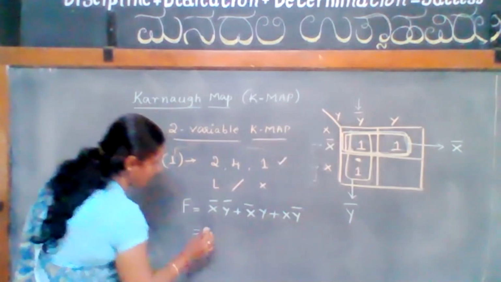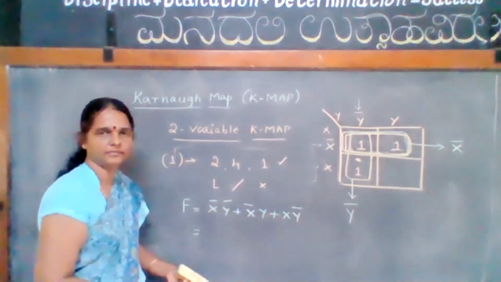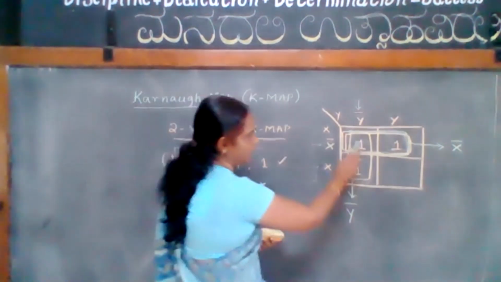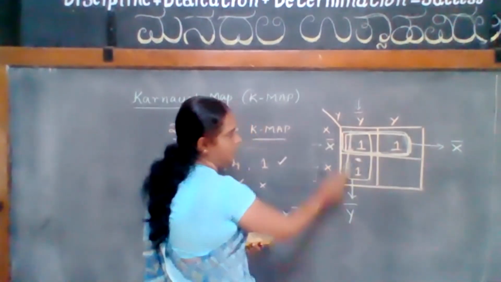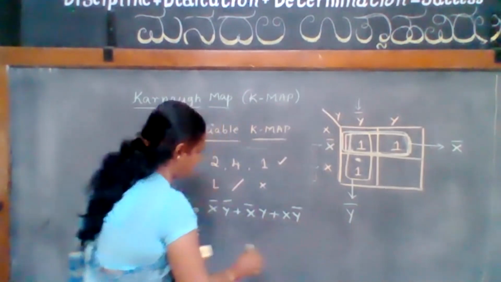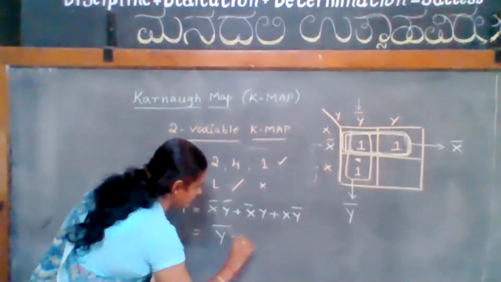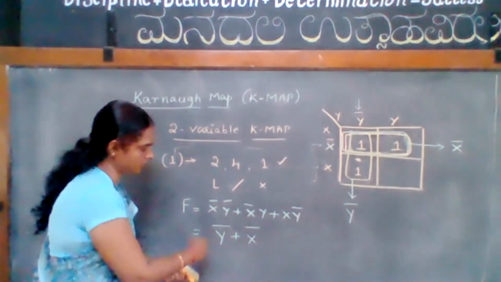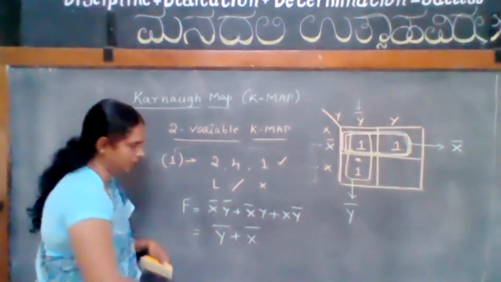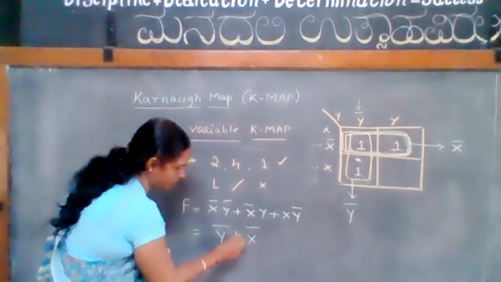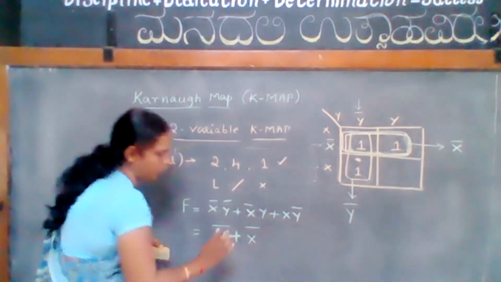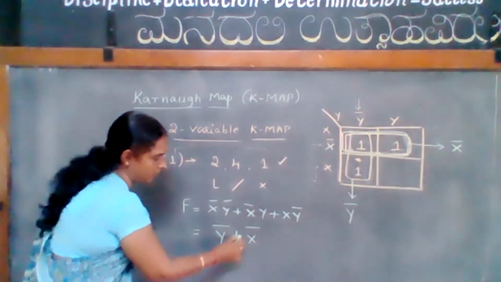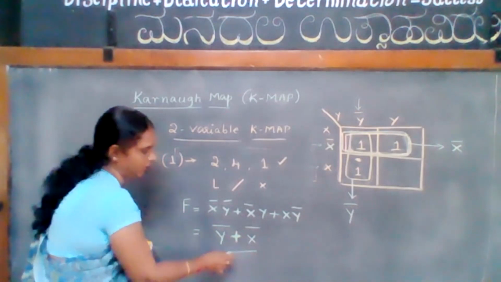Now the final expression after simplification using the K-map: for the vertical grouping we are getting y complement, and for the horizontal grouping we are getting x complement. You may write it as x complement plus y complement. While writing, use the sum of products form.